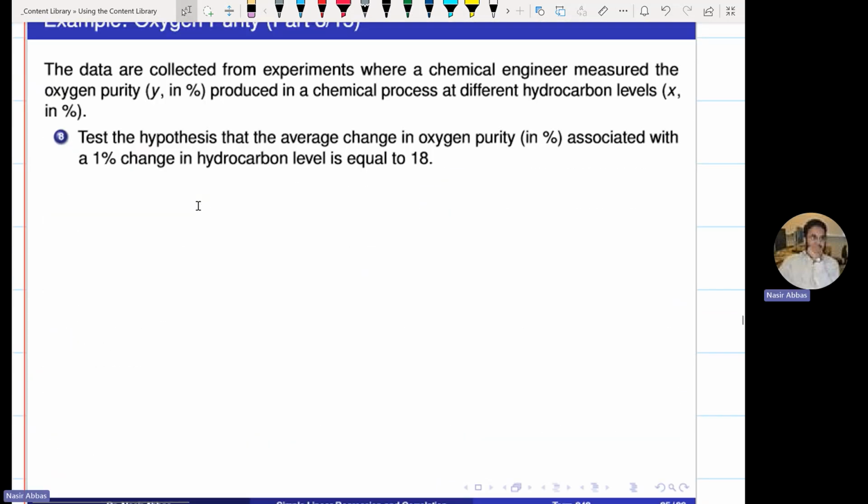Good technical question. Read the question. This one. Let me highlight what is required. Can someone tell me what is the yellow highlighted thing? Beta 1.